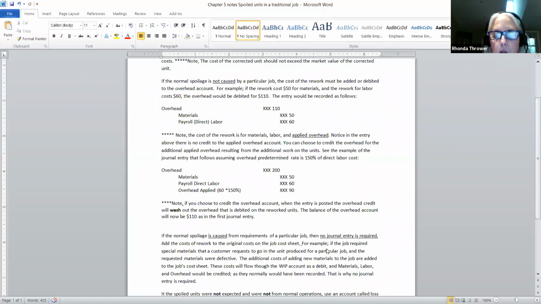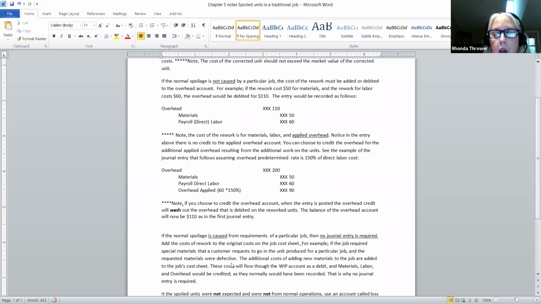And then I've given you an example of when this might happen. If the job requires special materials that a customer requests to go in the units that the company is producing for a particular job, and the requested materials were defective.